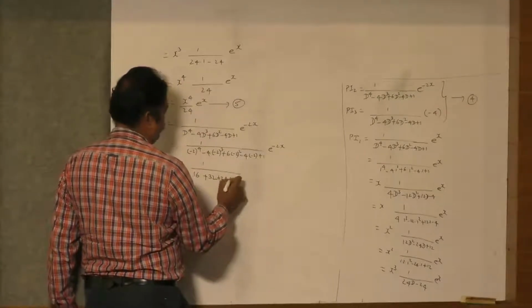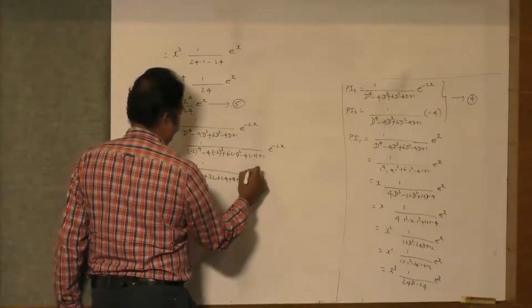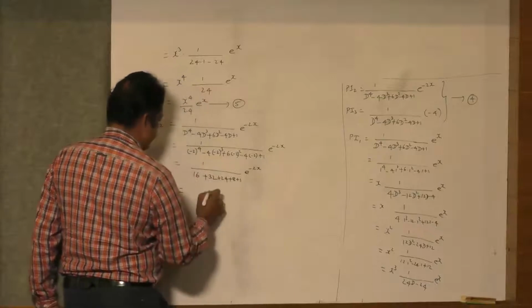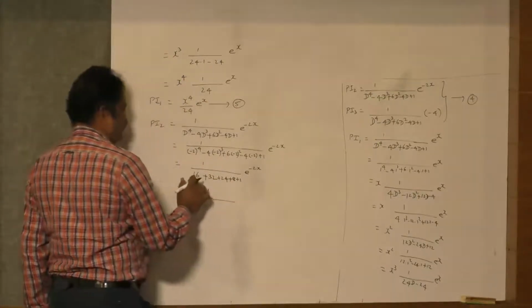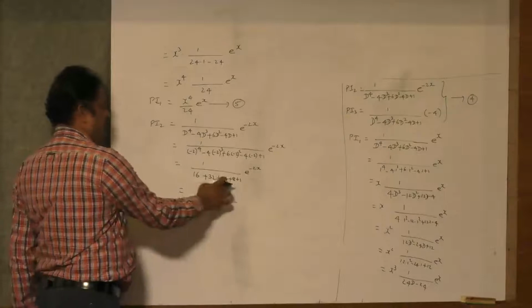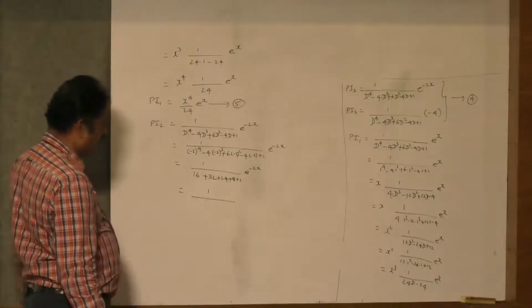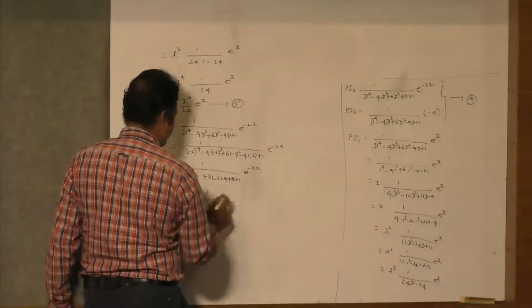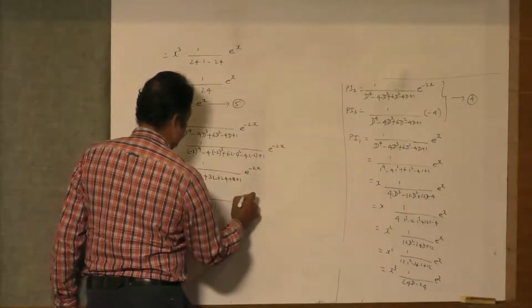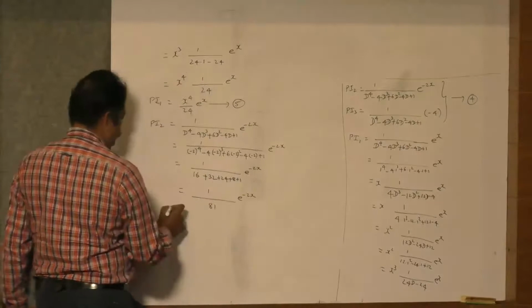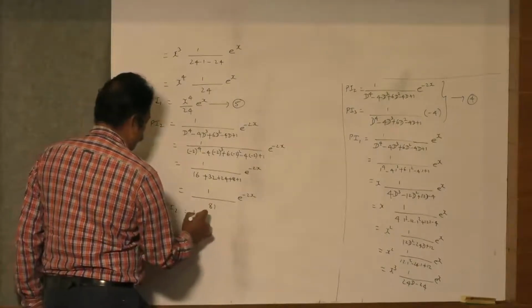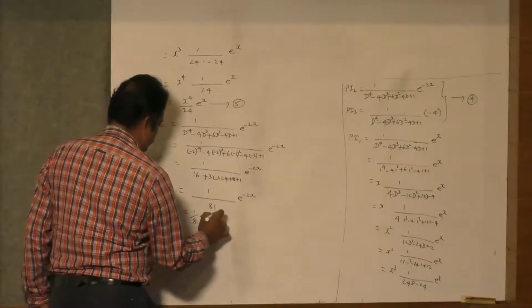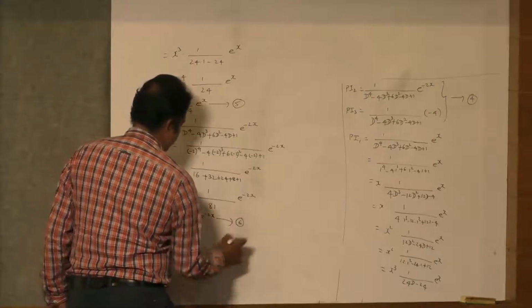Minus 4 into minus 2 is plus 8, plus 1, e power minus 2x, which is equal to 1 divided by 32 plus 16, 48, 48 plus 24, 72, 72 plus 8, 80, 80 plus 1, 81. So this is pi2. Therefore pi2 is equal to 1 by 81, e power minus 2x. This is equation number 6.